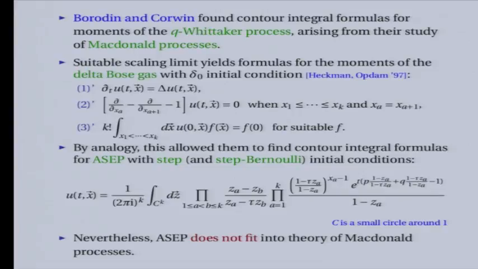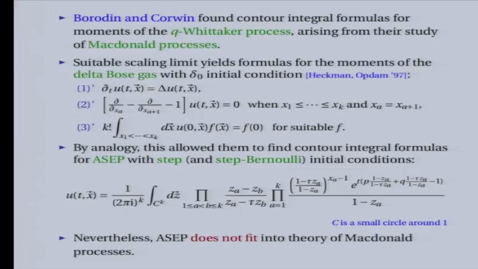So let me tell you just a little comment before showing you the solution of the equation. First of all, we're going to solve the problem in terms of certain contour integral formulas. These are similar to things that Alexei Borodin and Ivan Corwin got for the Q-Whittaker process, or essentially for the Q-TASEP process, which is a slightly different version of TASEP, but with an asymmetry in it.